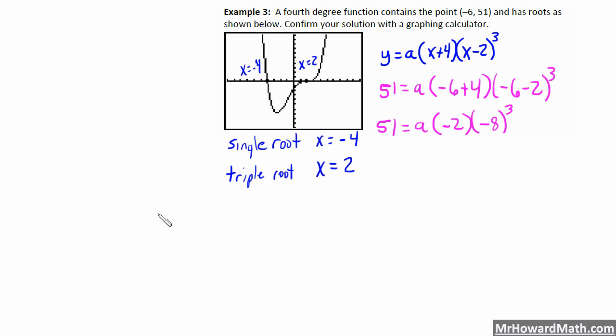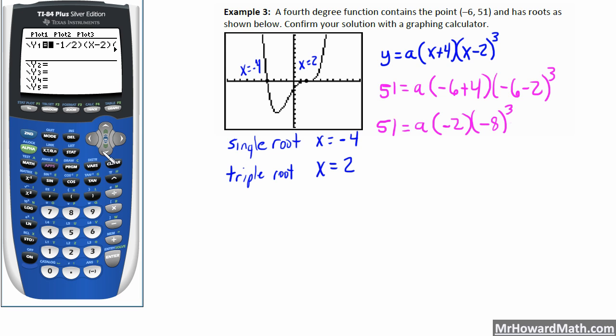So let's put that in the calculator over here. Negative 8 cubed, so we need to put that in parentheses. It's still going to be negative 8 cubed. Alright, so that's negative 512. I didn't want to try to do that in my head.